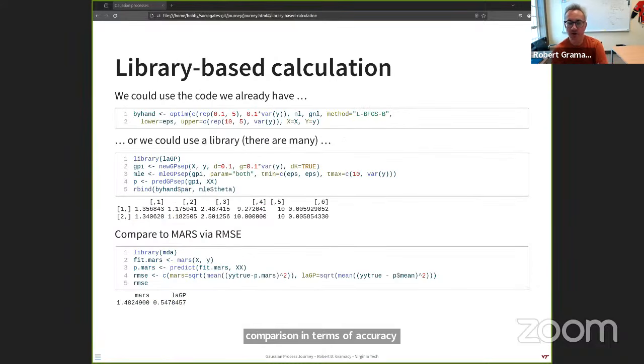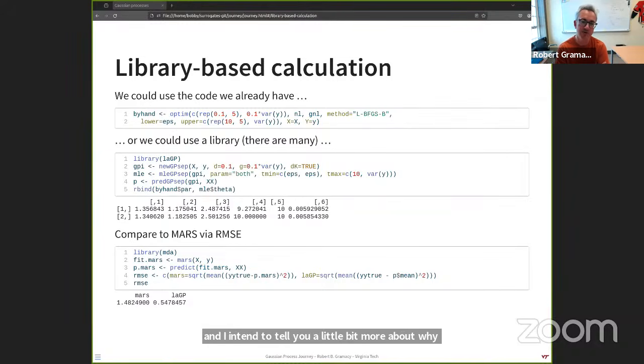So we could use the code that I've already given you. I could use that optim function and put the negative log likelihood and its gradient in with these new x and y variables from the Friedman function. Or this allows me to pivot here to a library that does more or less the same thing. And there are a lot of libraries out there, but I know how to use my code the best. So I'm illustrating a package that I wrote called LAGP, and I intend to tell you a little bit more about why it's called LAGP later.